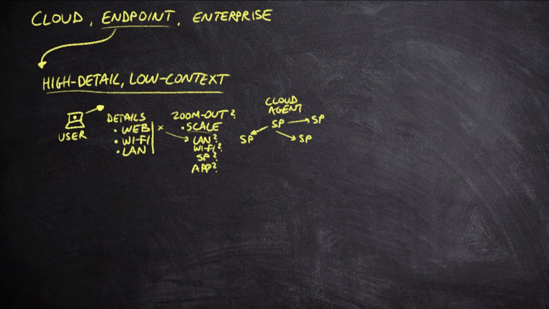Because if the application itself is having a problem, I'm not going to know whether that's the case because of the application in the cloud, or if it's a problem with something in between. So this is what we mean by saying we have a high amount of details. We get a lot of these details, but we have a low amount of context. I can't zoom out and identify where exactly the issue is thanks to a single endpoint agent.